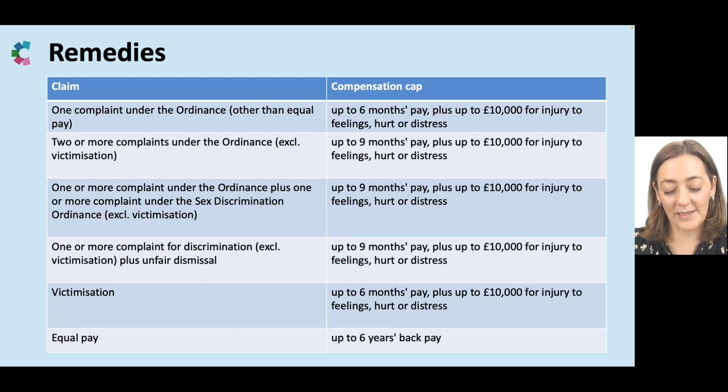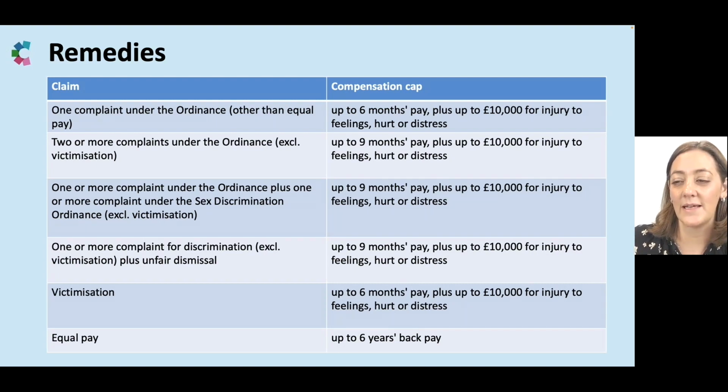Moving on now, I'm going to come on to talk in a little bit more detail about injury to feelings, because as you can see from this slide, it's relevant in a number of these different claims.